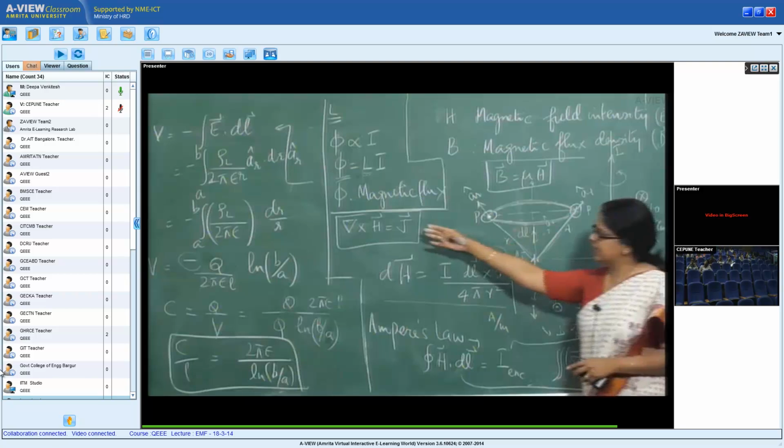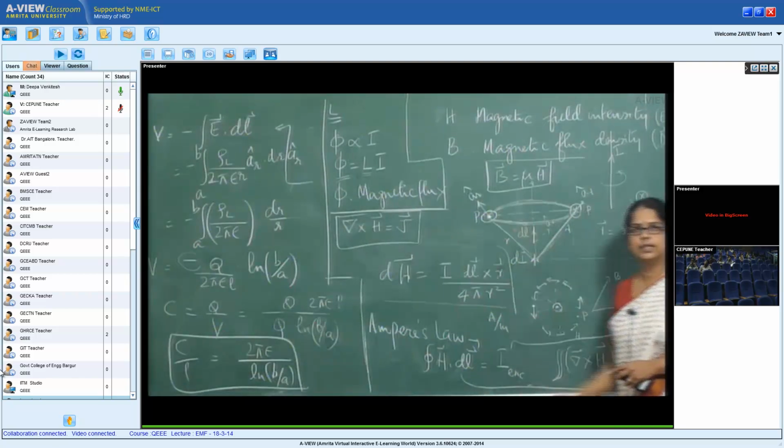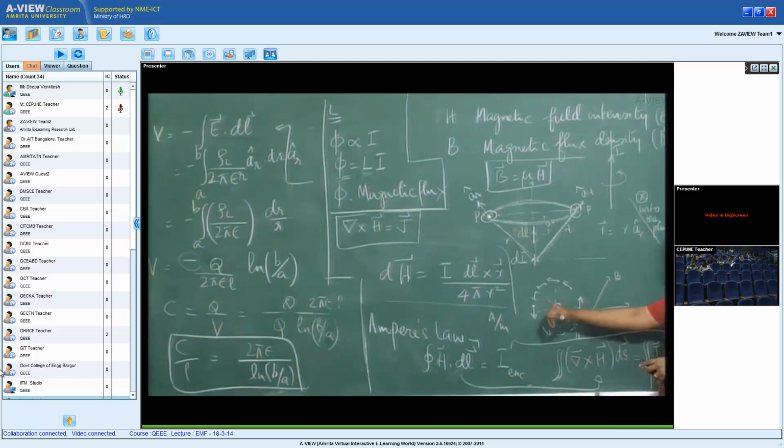An easy intuitive way of understanding this is the following. I have a current carrying element, and I know that there is a magnetic field around it. I also know that the magnetic field is curling around the current carrying element. Curl tells you by how much the vector is rotating.